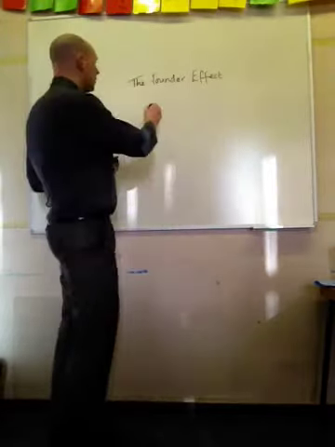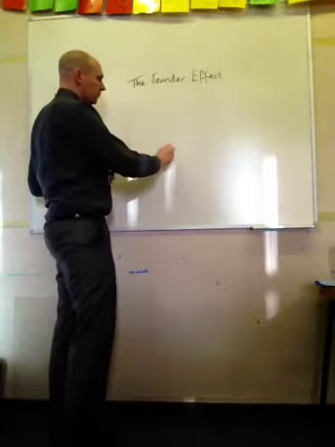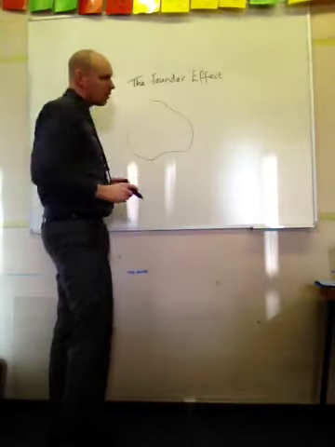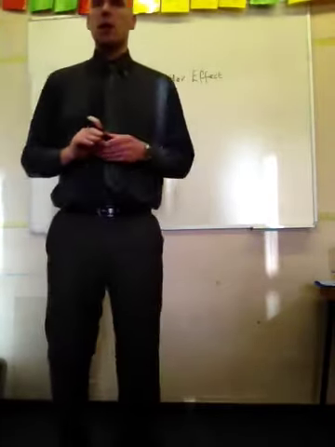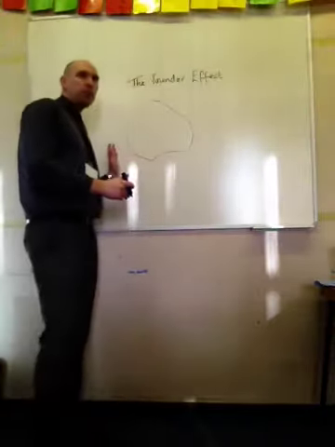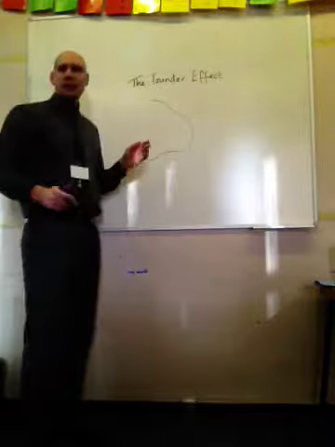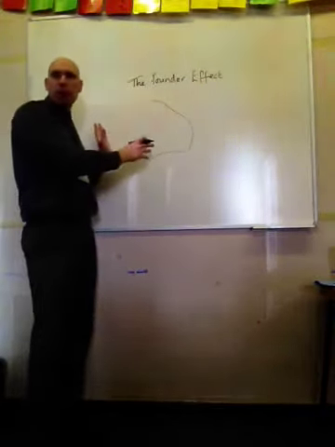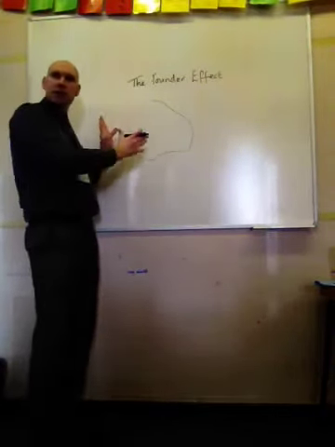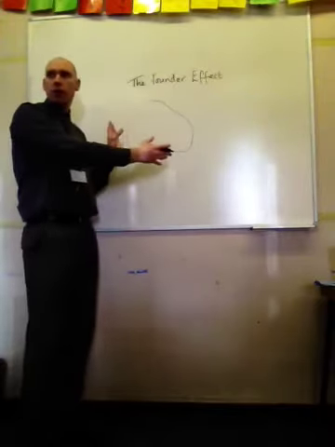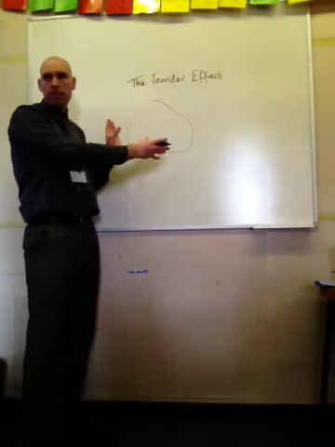So, we have a look. Let's say that this shape represents all the genetic diversity in a population of a species living in a certain geographical region. Okay?